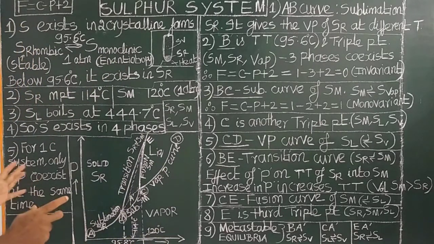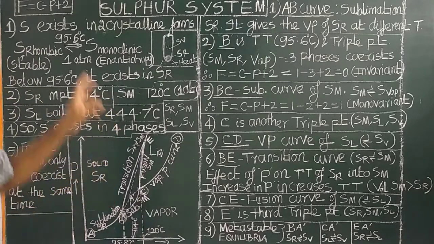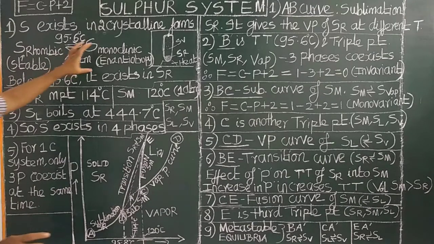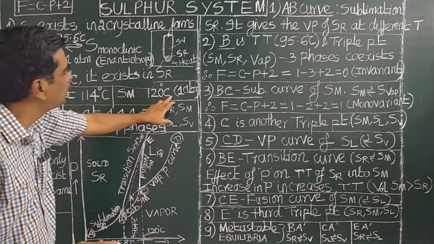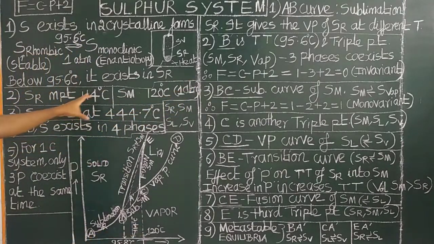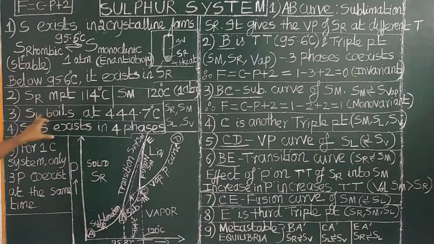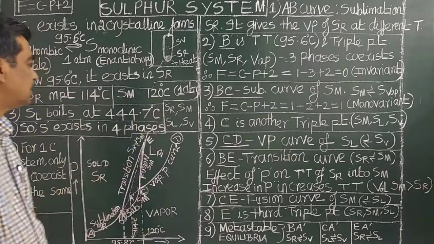Now let us see its melting point. Now it is in the solid state. Sulfur rhombic has a different melting point, and sulfur monoclinic has a melting point of 120 degrees Celsius at 1 atmospheric pressure. Once it melts, it becomes liquid at its melting point, and the sulfur liquid boils at 444.7 degrees Celsius.